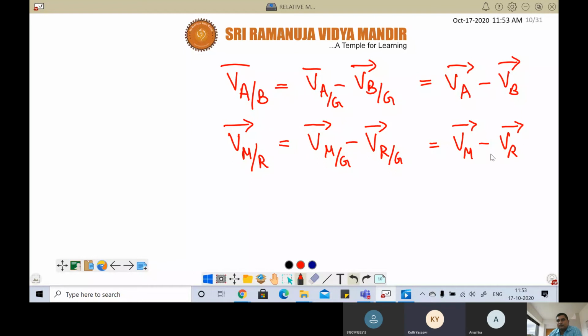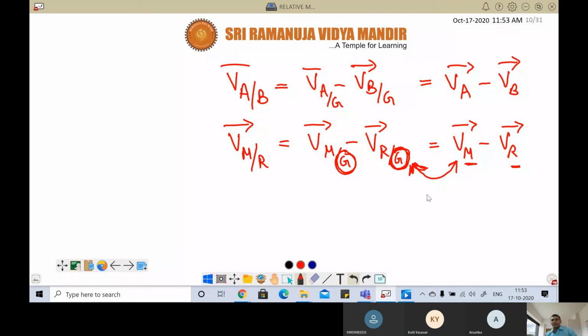We should understand these two are the same. Only thing is people are lazy, so in the textbooks they don't write this one.